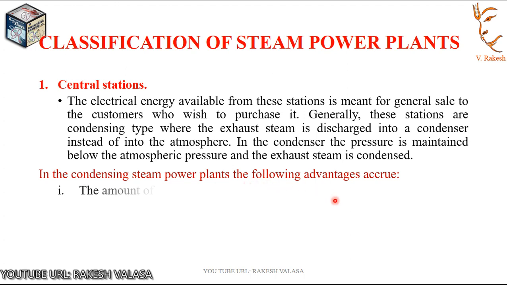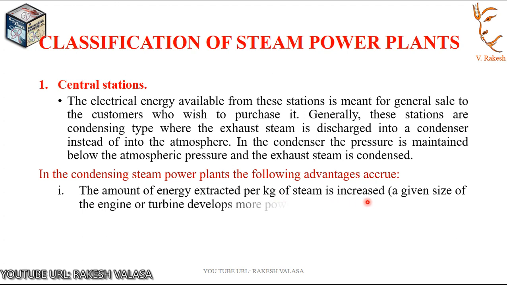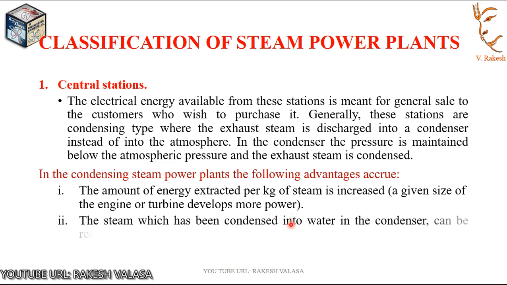One is the amount of energy extracted per kg of steam is increased, that is, a given size of engine or turbine develops more power. The second one is the steam which has been condensed into water in the condenser can be recirculated to the boilers with the help of pumps.